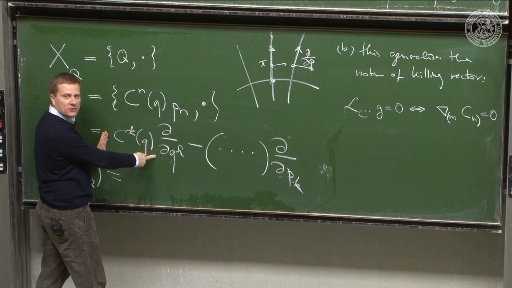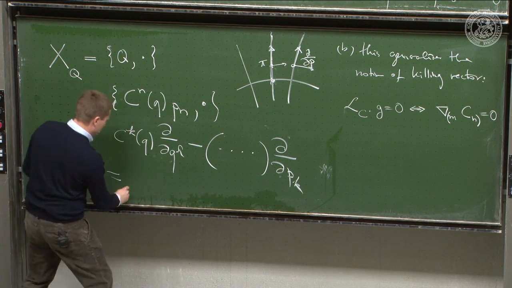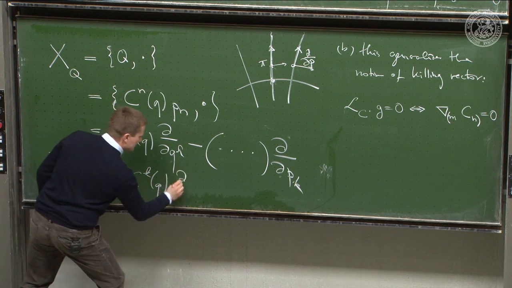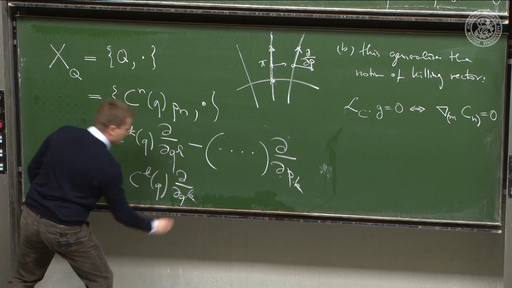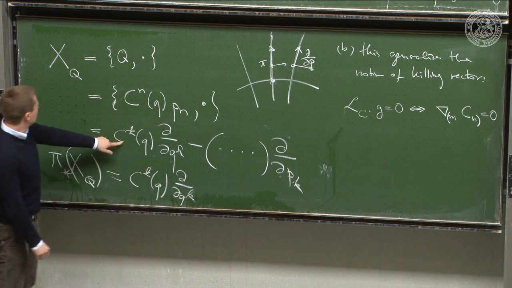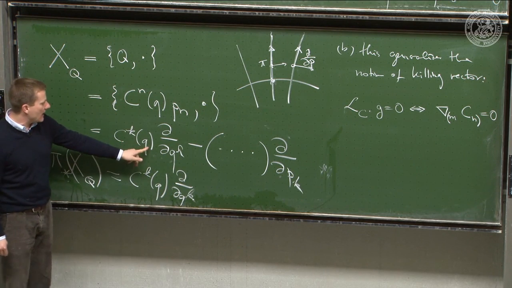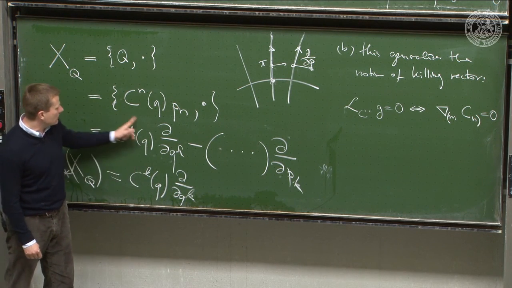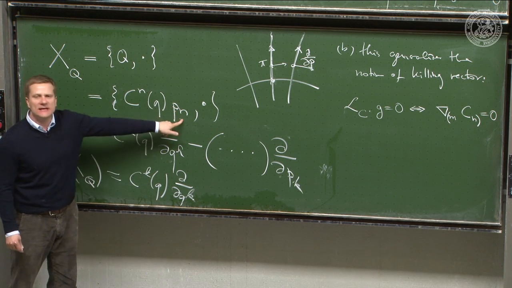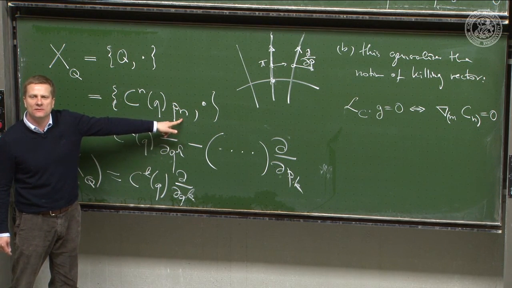What's the push forward of this guy? Well, it's of course just ck of Q d by dqk. That's a vector field down here. And it doesn't matter where in the fiber you are, because the factor no longer depends on the p. Why? Because it was linear and the bracket eliminated the last remaining p factor.